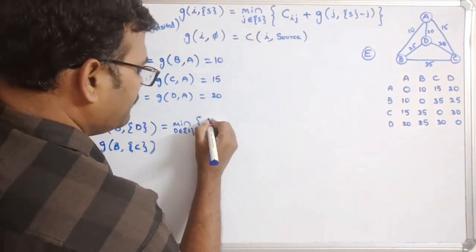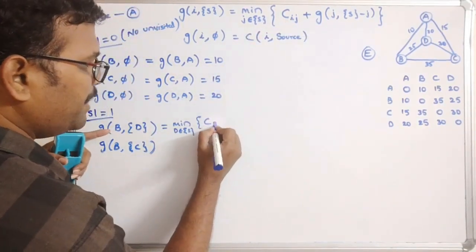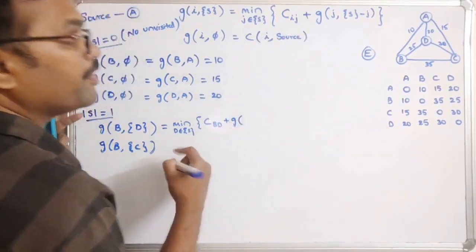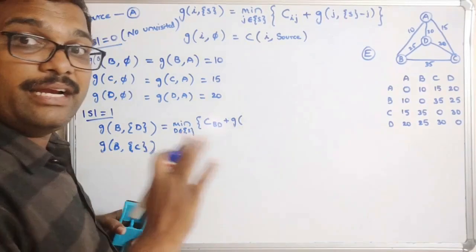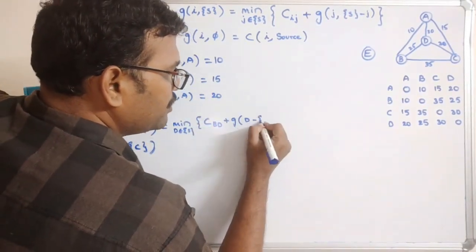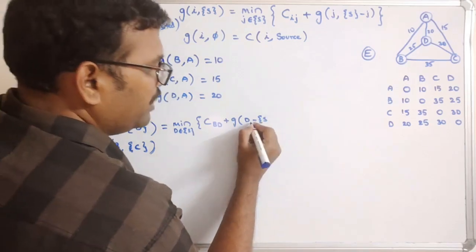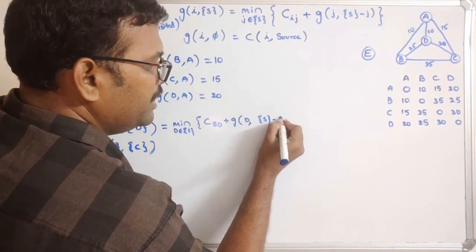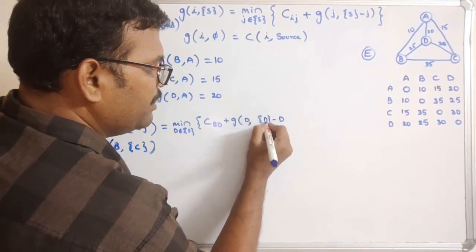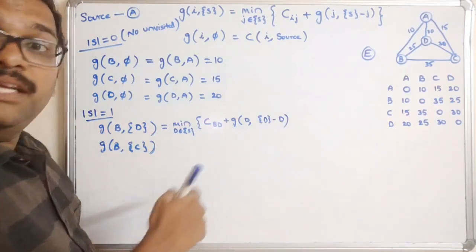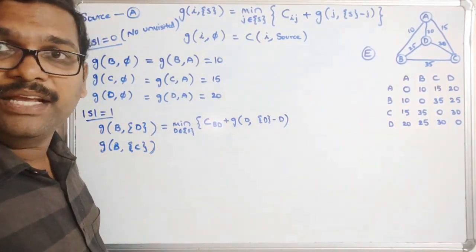So C of B, D plus G of J comma set minus J. J here is D, so G of D comma set minus D. So here set is nothing but D. So D minus D, obviously it will be empty, right?